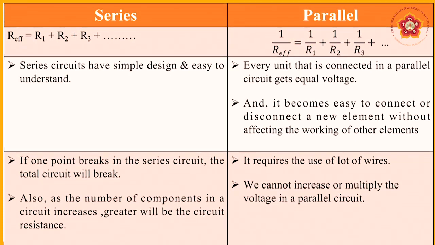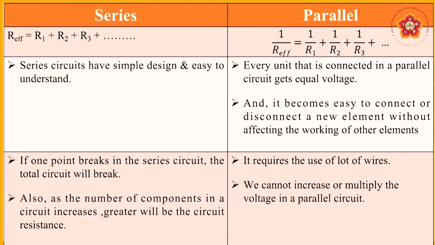Suppose there are 3 resistors and resistor 2 is found to be defective. The moment you remove resistor 2, resistors 1 and 3 will still work because current flows through those 2 branches but never through resistor 2. This does not happen in series. Now let us see, if one point breaks in the series circuit, the total circuit is broken. It is like there is one break in the circuit.